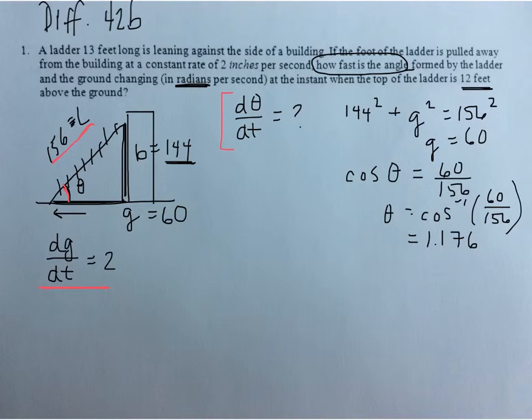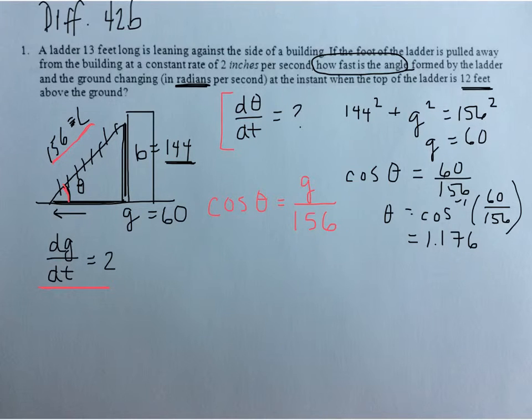Adjacent and hypotenuse. So the equation I'm going to use is cosine theta equals adjacent, which we're calling ground, over hypotenuse, which is a constant. It's the ladder length, so I can just create it as 156. So there's my equation. Step 4, differentiate with respect to t.